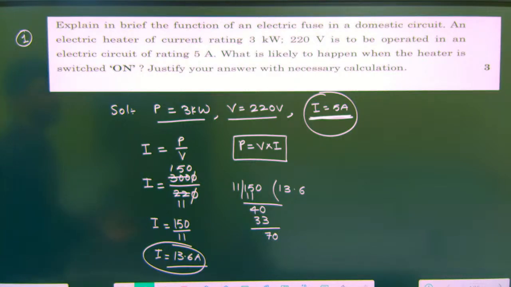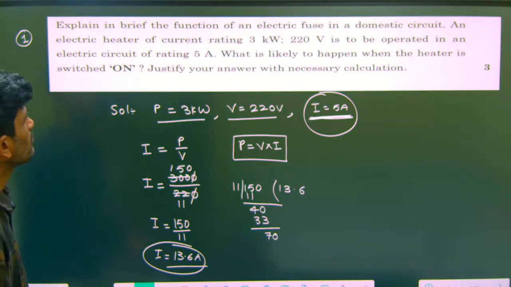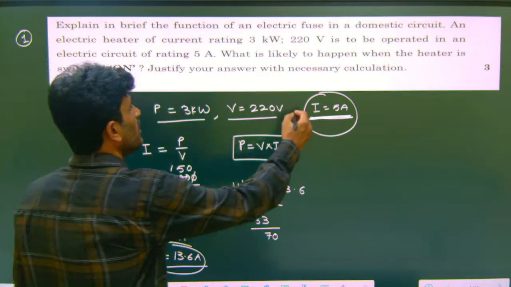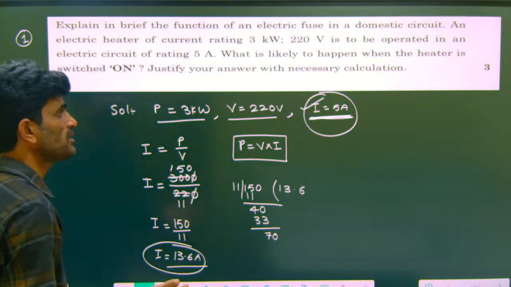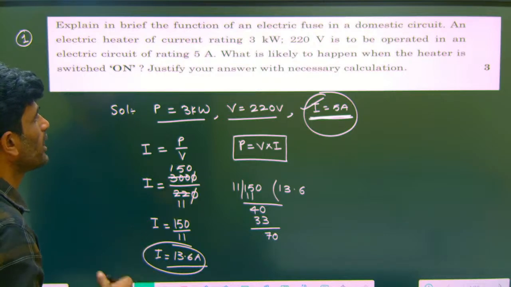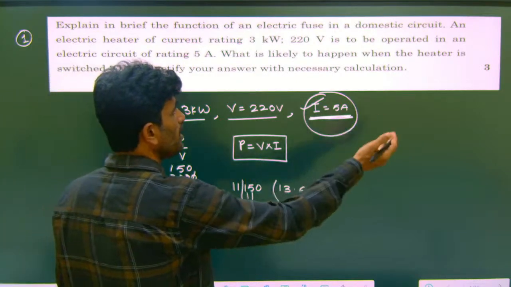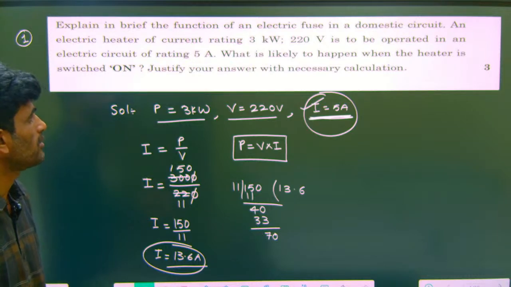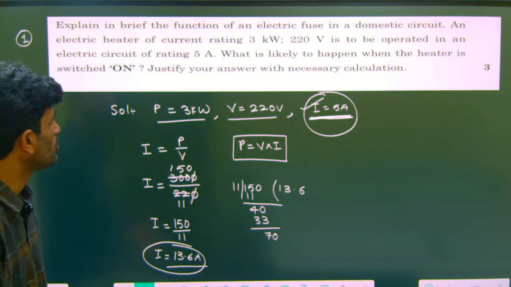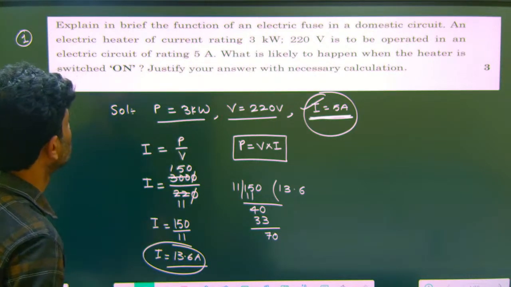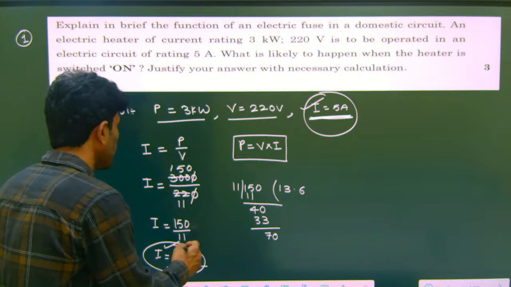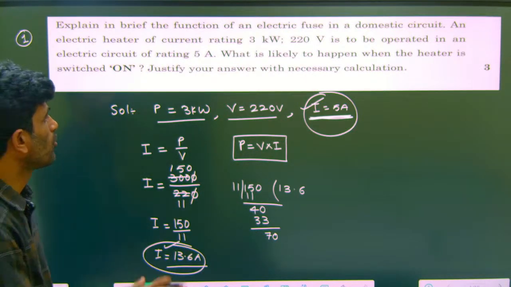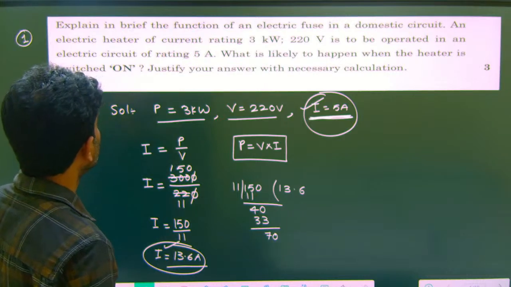Then it becomes overload, so much current, more than the limited current. When more current is there, the fuse will be burned, the fuse will be melted, the circuit will be open, overloading will happen. So you have to write that as the answer, because the amount of current is more than the given limited amount of current. Hope you got the kind of question.